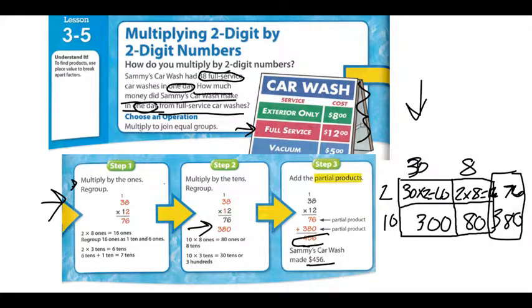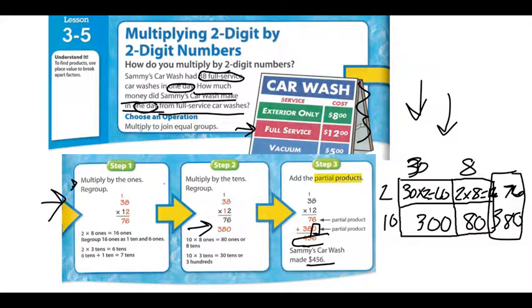You don't need to do this square method, but I wanted to show you how it's broken down even further, how they actually get the partial products and why there's always a 0 in this second partial product. We call it a placeholder. You'll see when we do that the traditional way in a minute, but now we know why it's actually 380, because we got 300 plus 80.